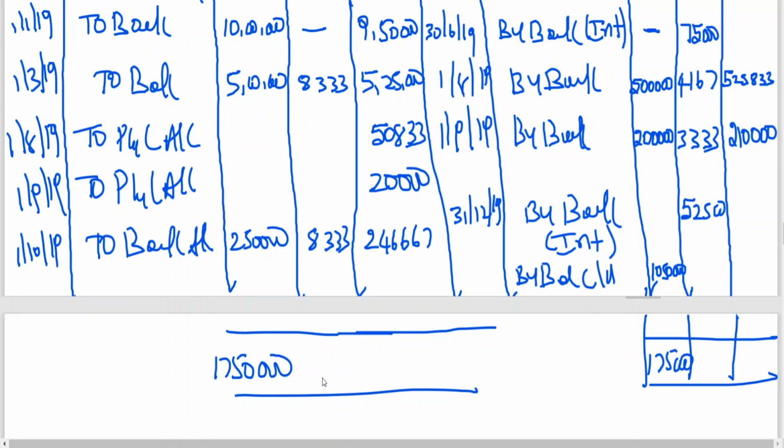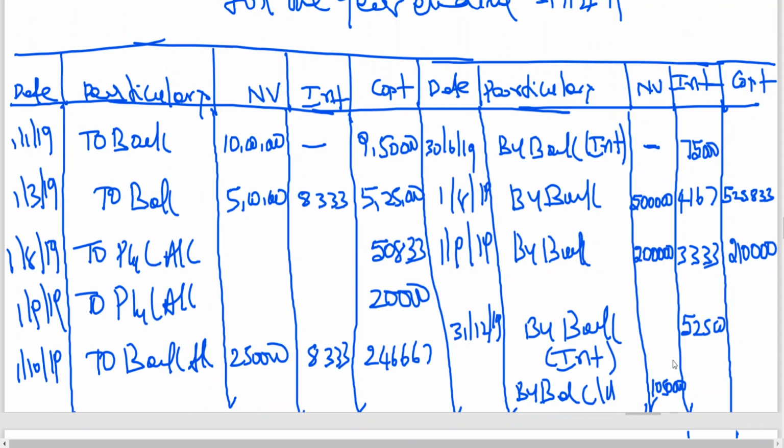I hope you'll understand because I need to go for next time space adjustment. I can't go for expansion of width of the screen. This is complete. Now I can close which column? Interest column.